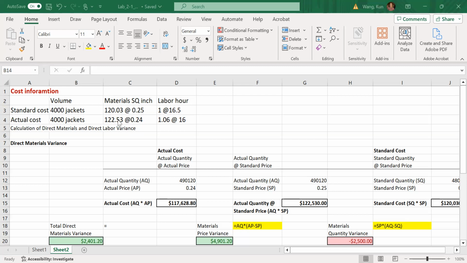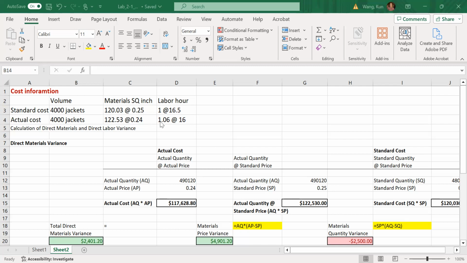So we need to be careful. We are trying to separate the quantity difference and also the price difference. So that's the purpose. You don't want to mix up the cost, because then we couldn't separate the differences and give useful information for future improvement.